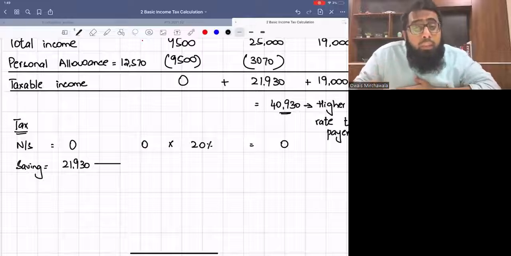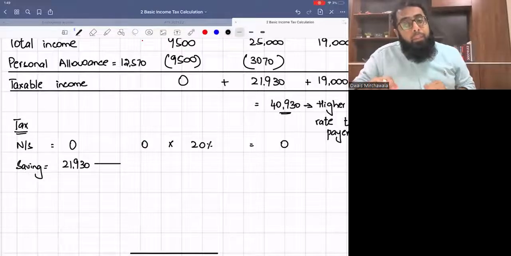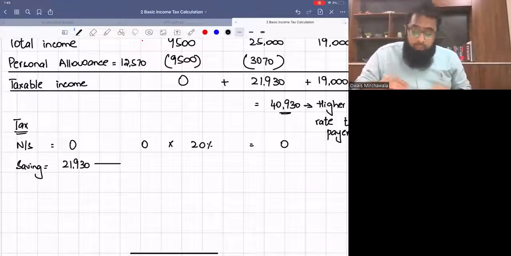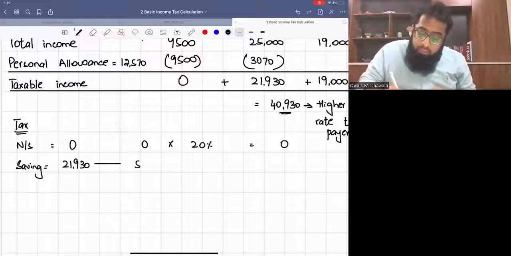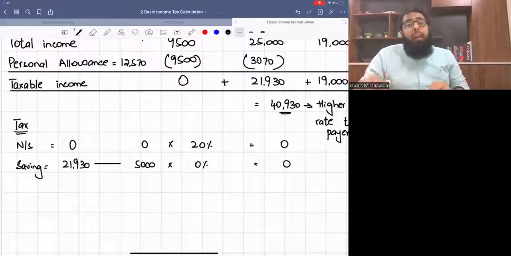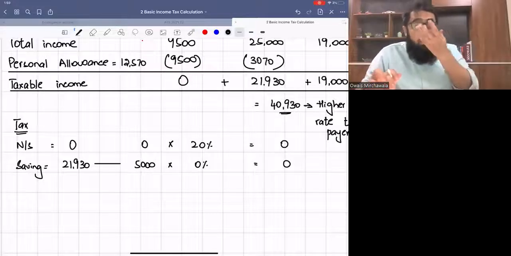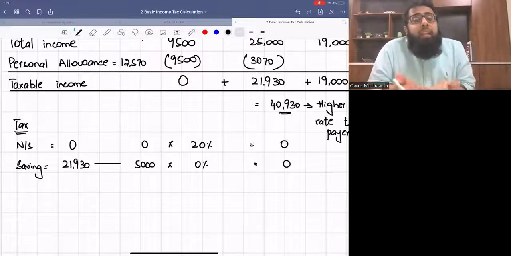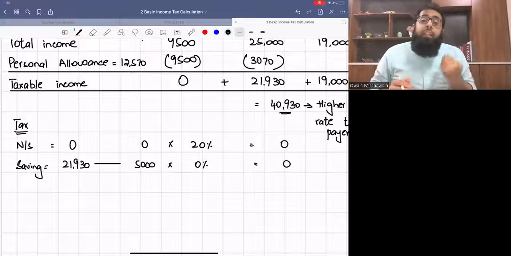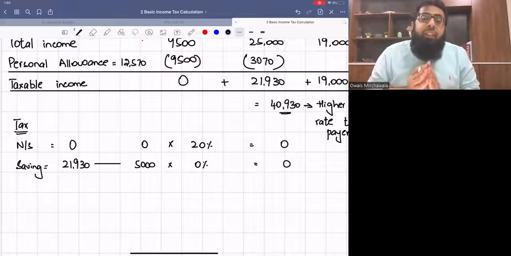Now since non-saving is less than 5,000, it is 0. So saving income will get the first 5,000 space, and on that 5,000 there will be a 0% band. If the non-saving would be 1,000, the saving income would get 4,000 of the first 5,000 space.